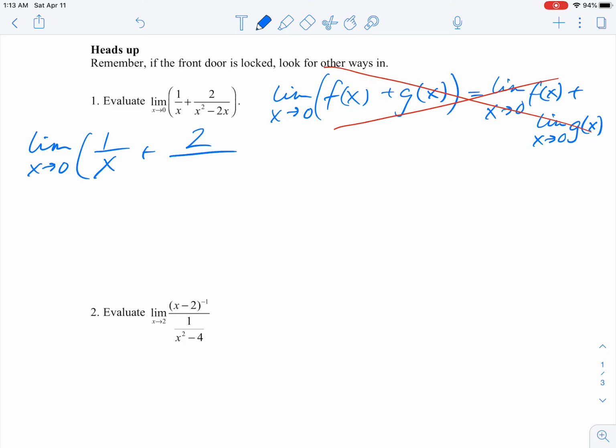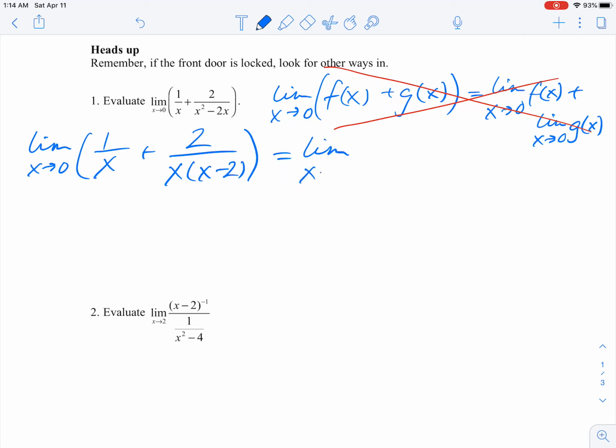I can rewrite 2 over x squared minus 2x as 2 over x times x minus 2, which means we are not that far off of having a common denominator between these two rational expressions. And if you can't take the limit of f of x plus the limit of g of x, you should probably try and mush these things together and take the limit of the new object.